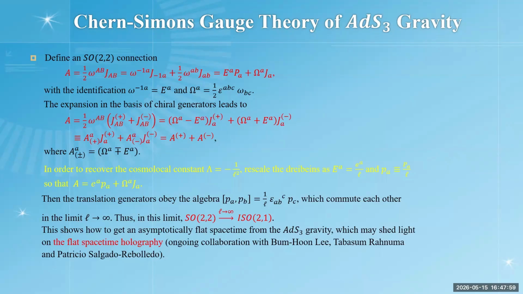So we can accommodate the dreibein and spin connection together into this SO(2,2) connection. But in terms of chiral generators, this connection is split into this form. So A plus and A minus are the positive chiral gauge field and the negative chiral gauge field.